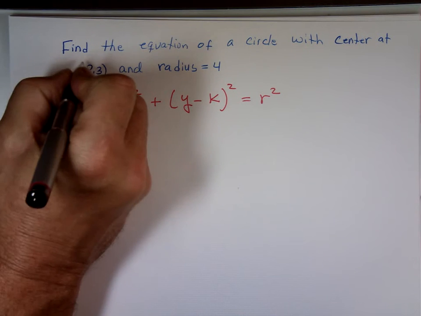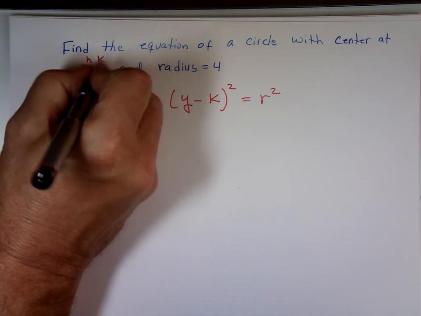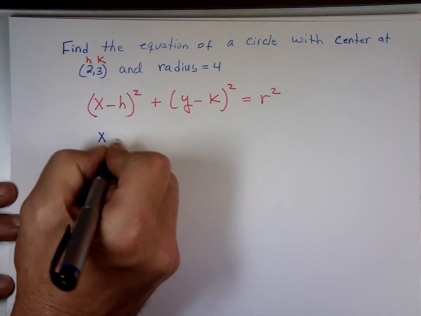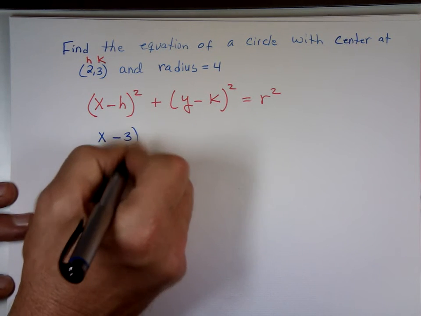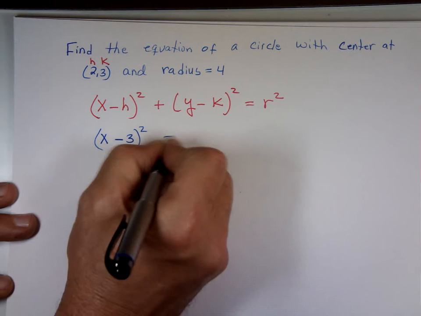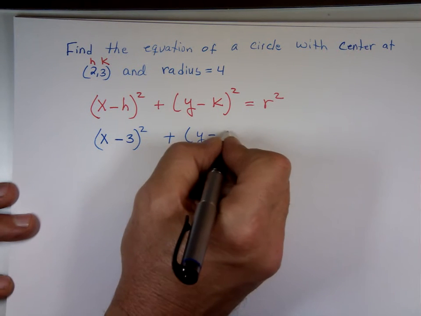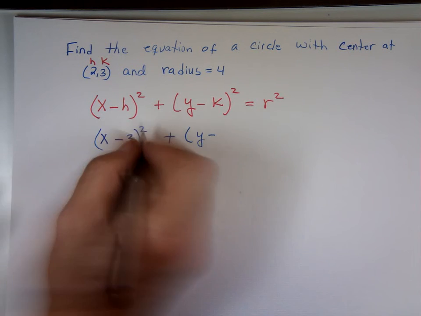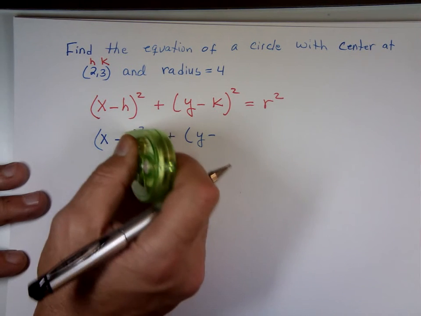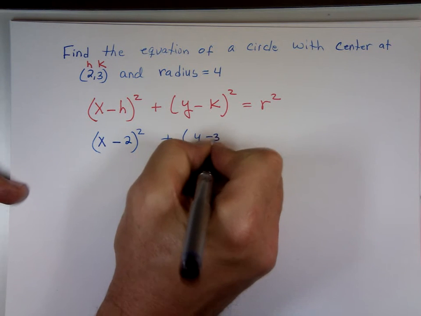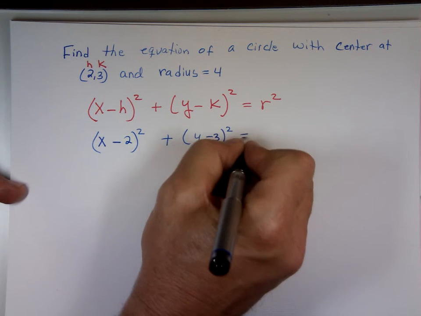There's h and there's k. So that's x minus 2 squared, plus y minus 3 squared, equals 4 squared.